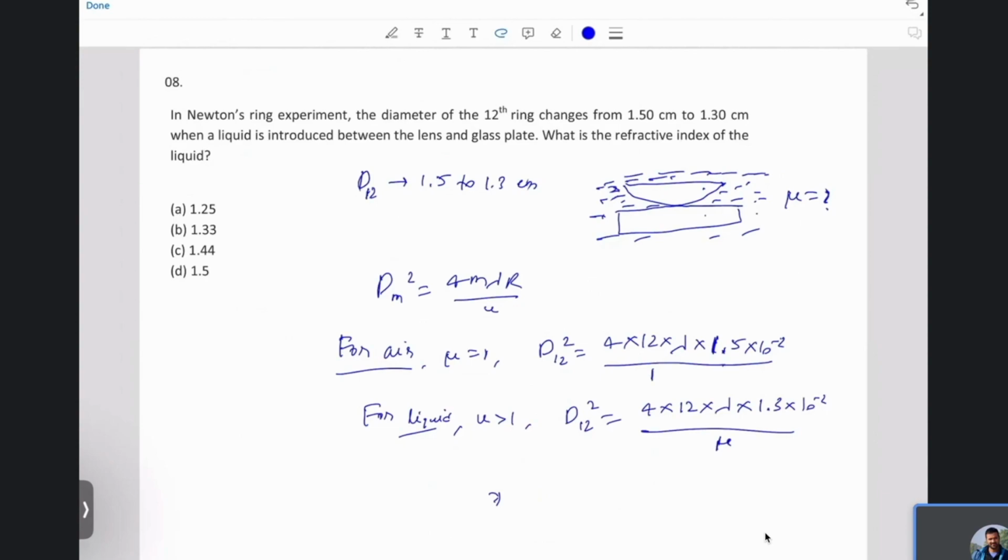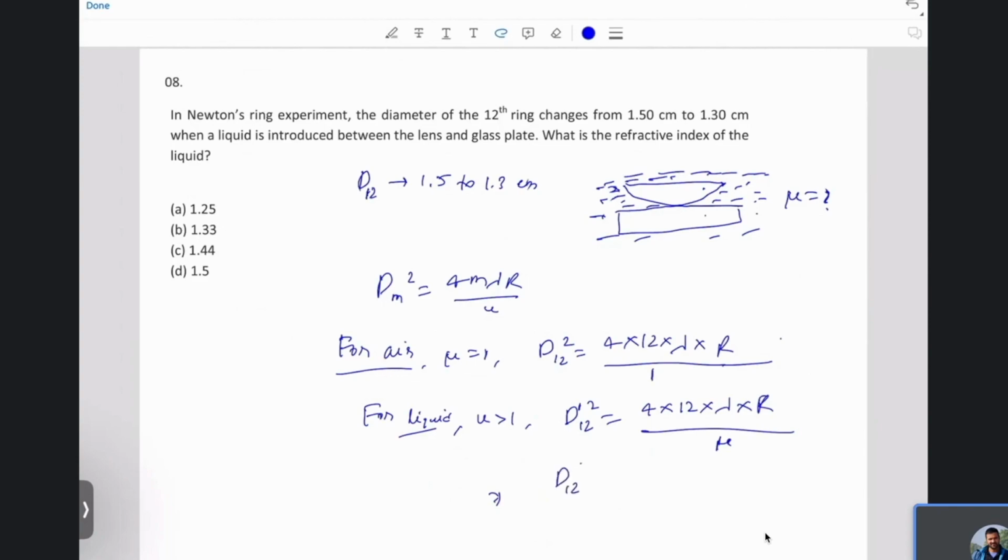Oh, sorry. This R is not the radius of the ring, it is the radius of curvature. We don't know it, but it doesn't matter, it will get cancelled, and D prime will be the diameter of the ring when we introduce the liquid.